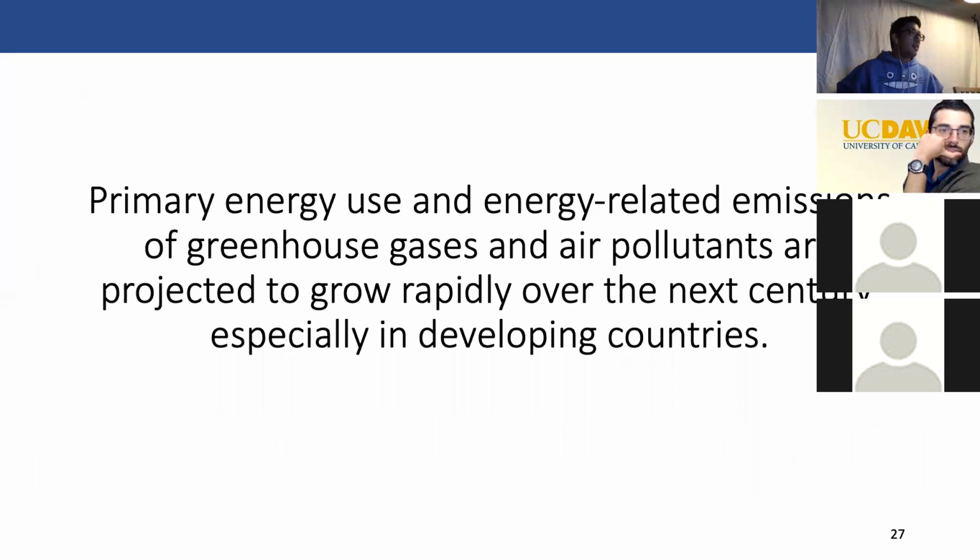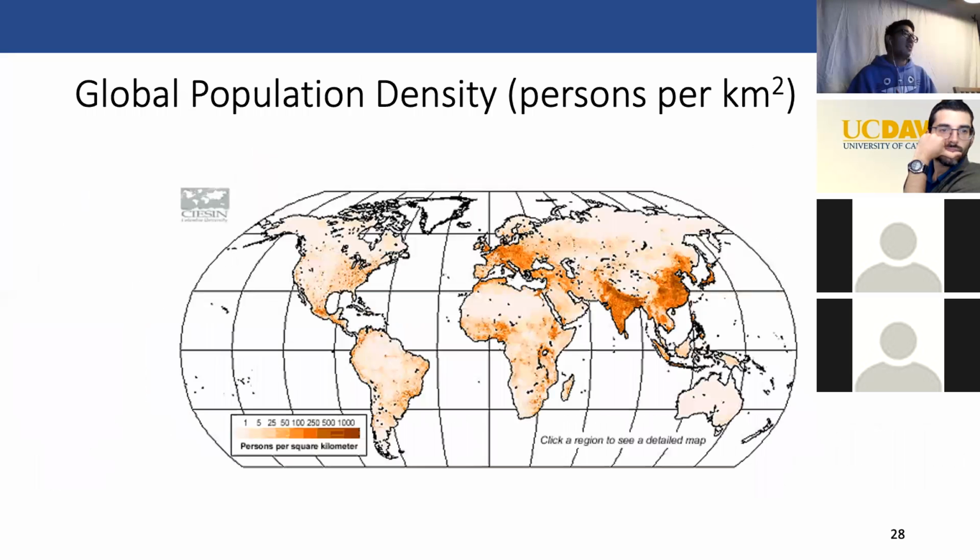Okay, so primary energy use and energy-related emissions are projected to grow very rapidly over the next century, especially in developing countries. To give some sense of the correlation between energy use and population, here we can see relative population density across the world. These are the number of people per square kilometer.